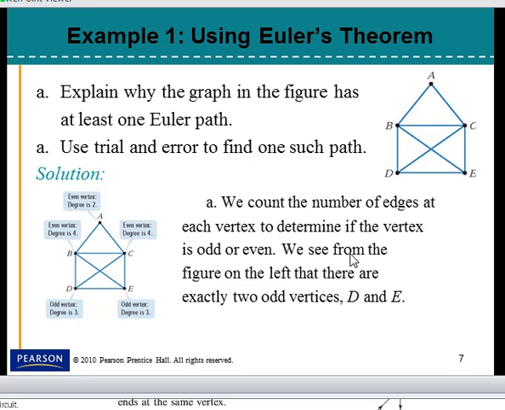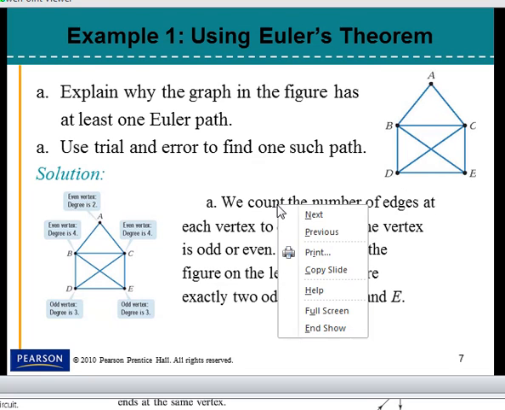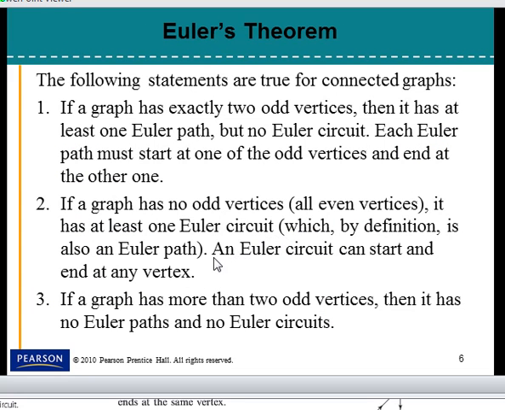And then, of course, we go back and read Euler's theorem, and we make our decision. We see from the figure on the left that there are exactly 2 odd vertices, D and E. And if we just go back to the previous, if a graph has exactly 2 odd vertices, then it has at least one Euler path.